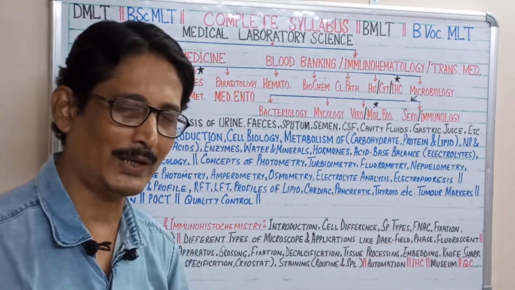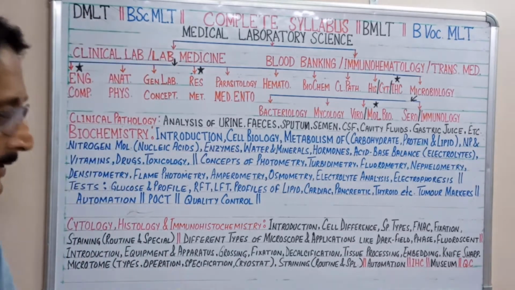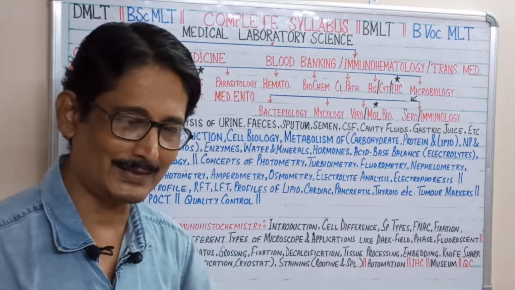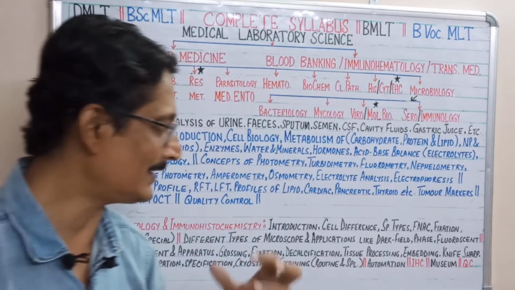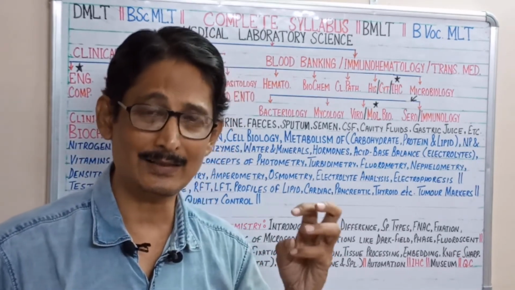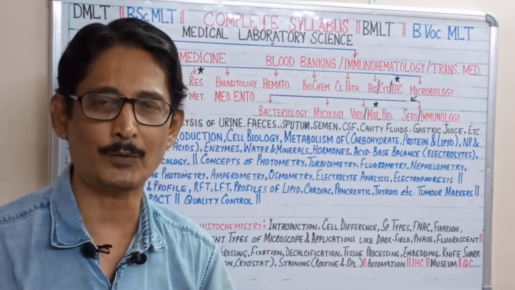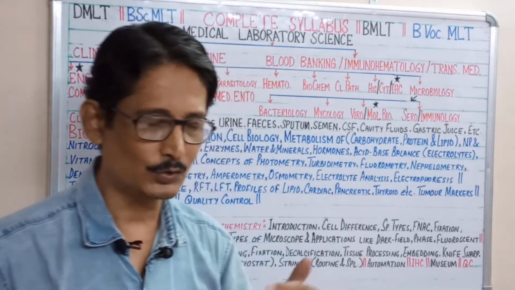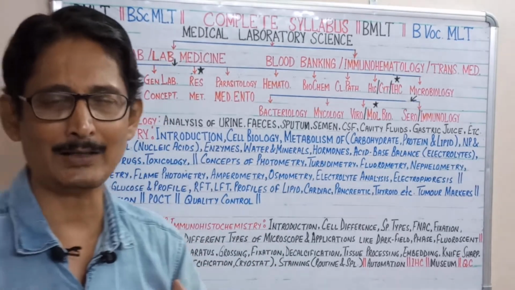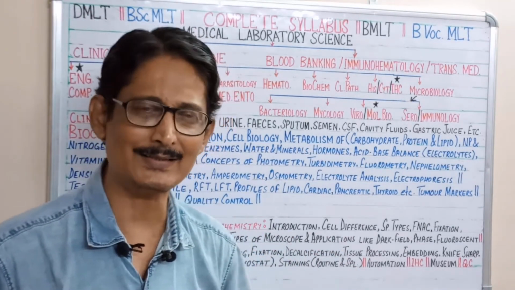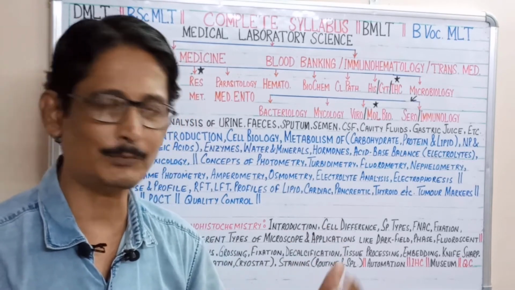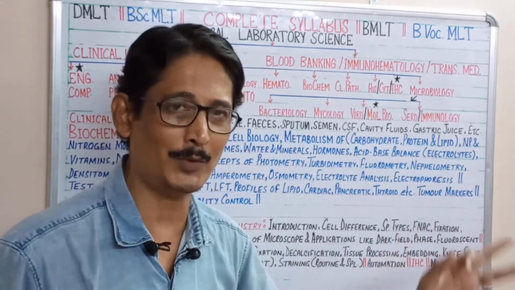The thyroid profile includes 3 to 6 tests. And there are tumor markers. Tumor markers are special tests for the early diagnosis of a tumor, especially a cancerous tumor. For cancers of different parts of our body, there are different tumor markers. We have to learn about the tumor marker tests.